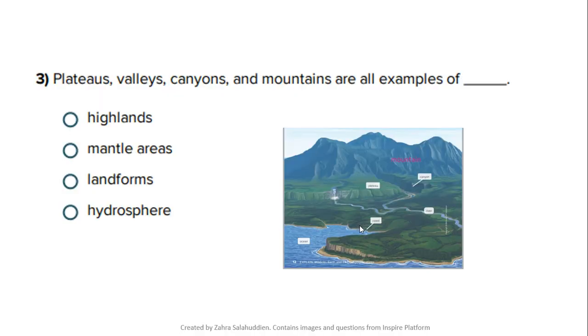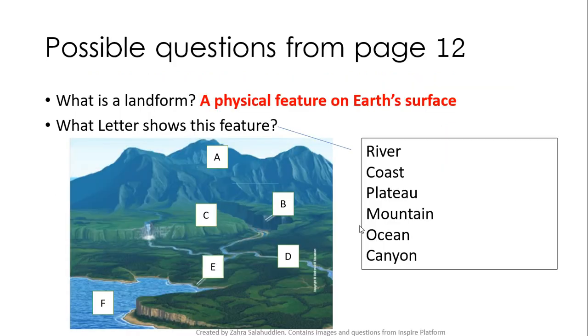Okay, so some questions they may ask you. All of these that we just reviewed are called landforms. They may ask you which letter represents the mountain or the plateau or the ocean or the canyon or the coast, sorry. So you will have to know where each of these are.